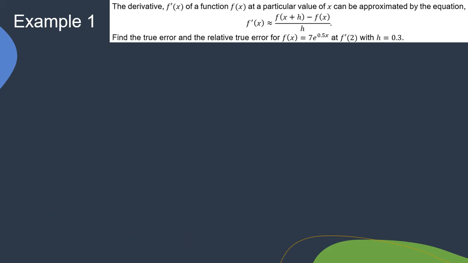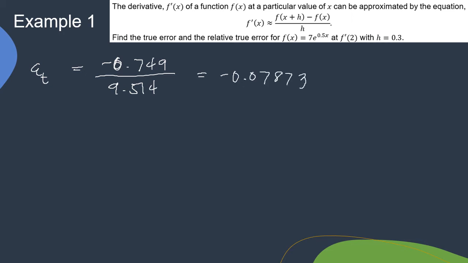Next, solving for relative true error, that is equal to the true error, which is negative 0.749, divided by the true value, which is 9.514. This is now equal to negative 0.07873. Or in percentage, the relative true error is this value times 100%. So that is negative 7.873%.